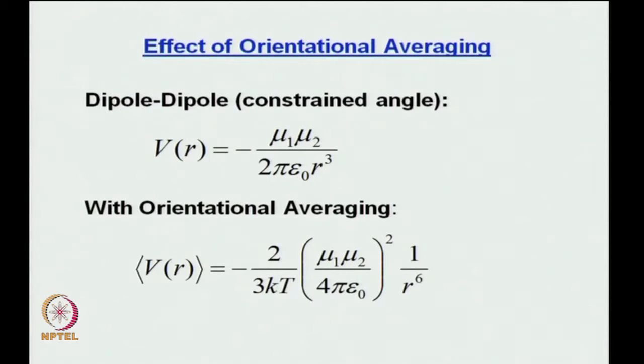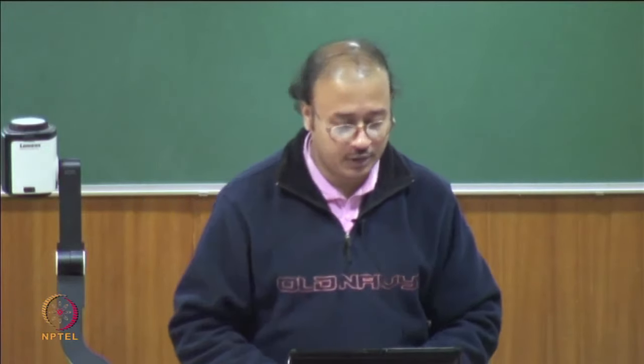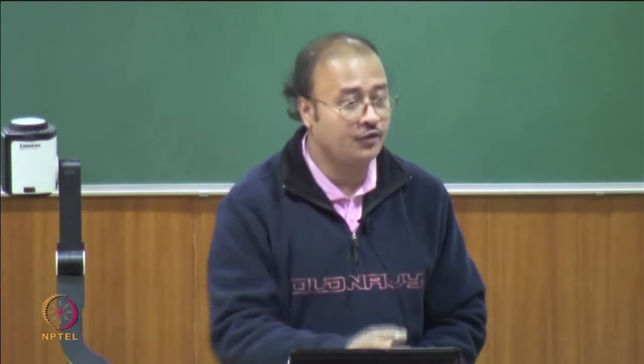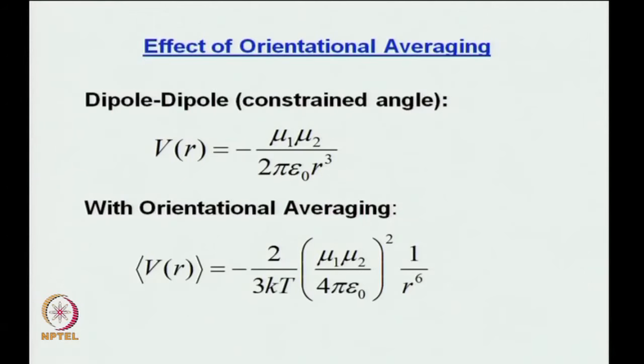Now, the same thing happens in case of a dipole-dipole interaction. When you have a dipole-dipole interaction, V of r goes as 1 by r cubed, negative sign for attractive potential, but look at the difference. For an ion-dipole you had the charge q of the ion and the corresponding dipole moment of the dipole.